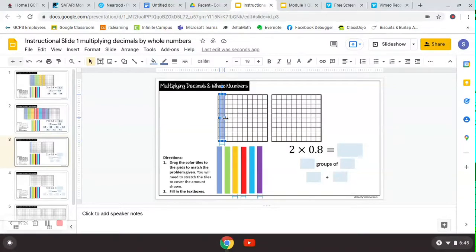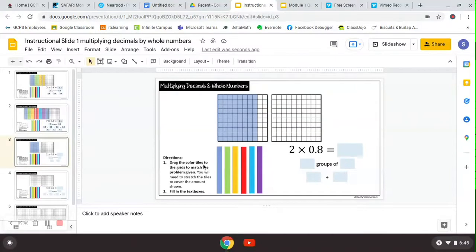So right now it's 1, 2, 3, 4, 5, 6, 7, 8. There we have 8/10. That one didn't quite stretch all the way over. That's okay though. I can still show that it's covering 8/10.